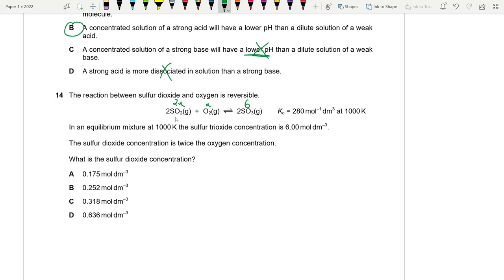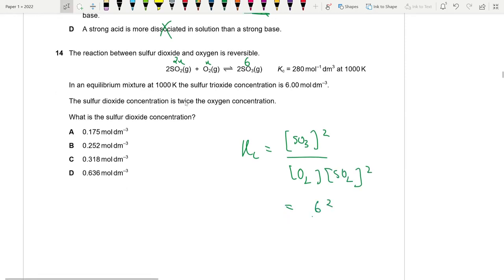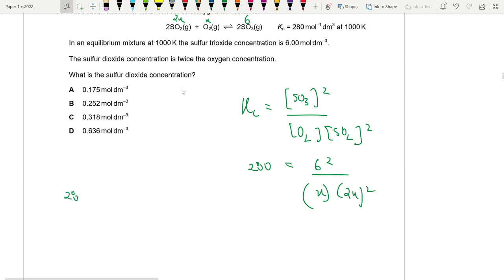at equilibrium. So the Kc is SO3 whole square over O2 times SO2 whole square. So that's 6 squared divided by x times 2x whole square. This value is equal to 280, or 280 is equal to 36 divided by 4x cubed. 4x cubed is equal to 36 by 280.